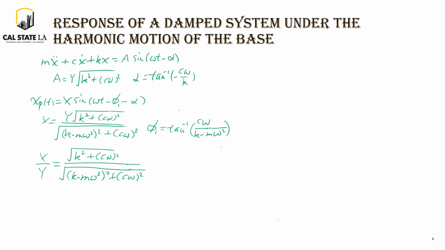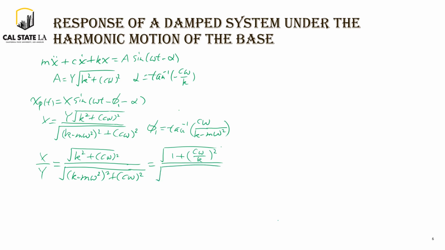Next, we want to write it in terms of the frequency ratio. So we divide by k on both the numerator and the denominator. The numerator, when we divide by k, we put it under the square root sign, so it becomes 1 plus c omega over k, squared, right?